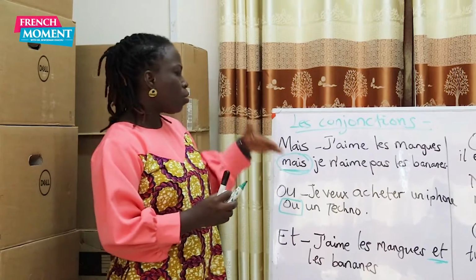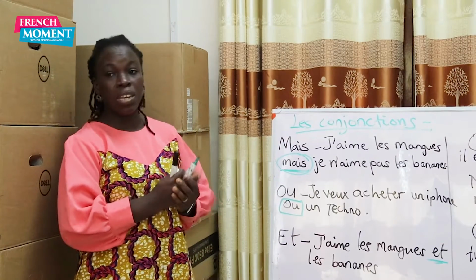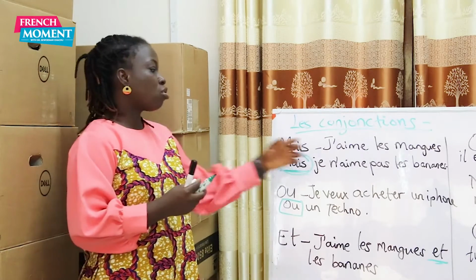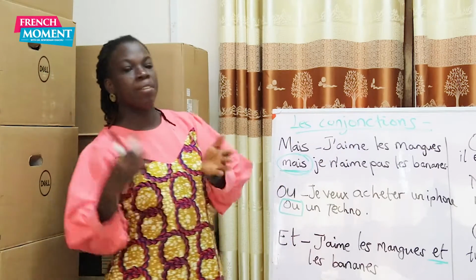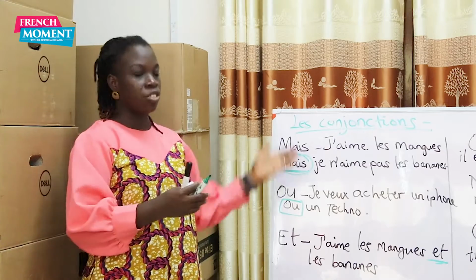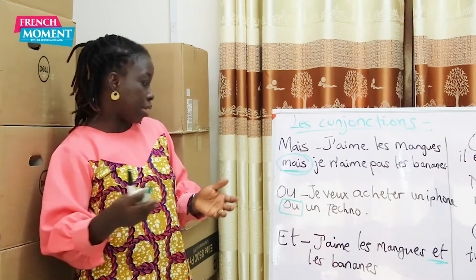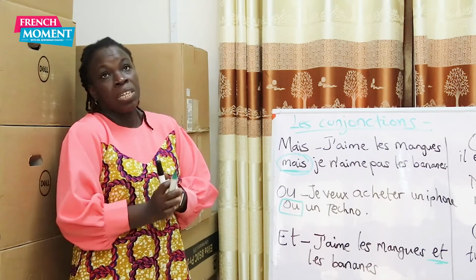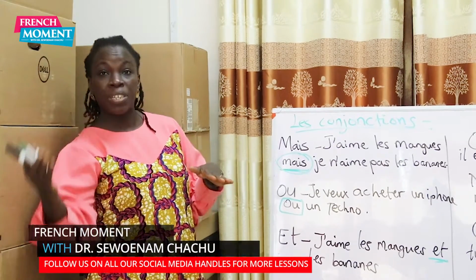Alright, so let's look at other examples. You can say, for example, "il a acheté une chaise, mais il n'a pas acheté de table." He bought a chair but did not buy a table. And then you can say, "tu veux sortir ou tu veux rester à la maison?"